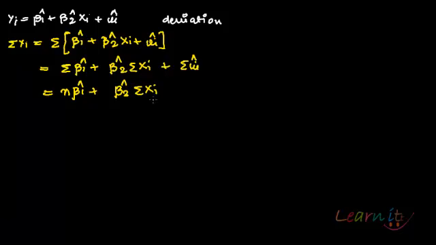The reason summation of ui hat is 0 is that if you see your first normal equation, when you differentiate it, the first normal equation gives you minus 2 into summation of yi minus beta 1 hat minus beta 2 hat xi is equal to 0.